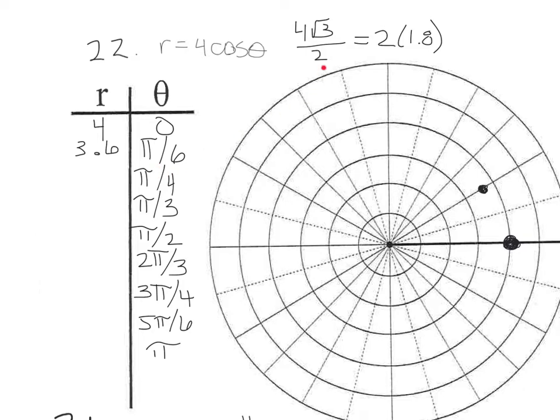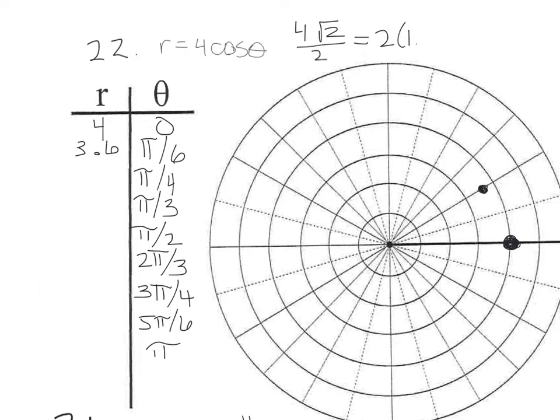Next, insert pi over 4. Pi over 4 into here gives us root 2 over 2. So we change this up to a 2. And now that would give us 2 root 2, and root 2 is about 1.4.